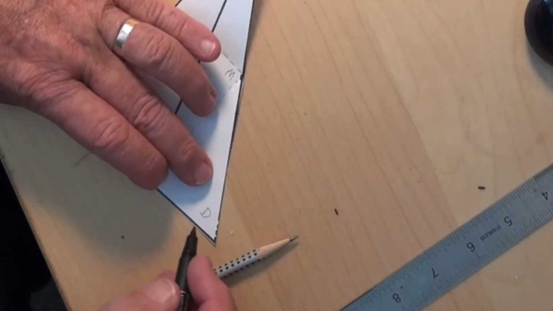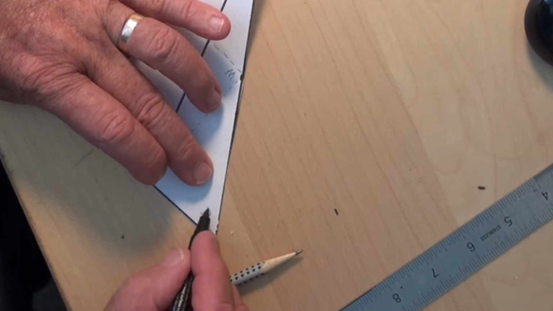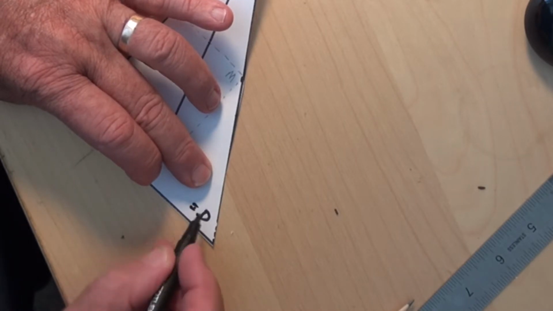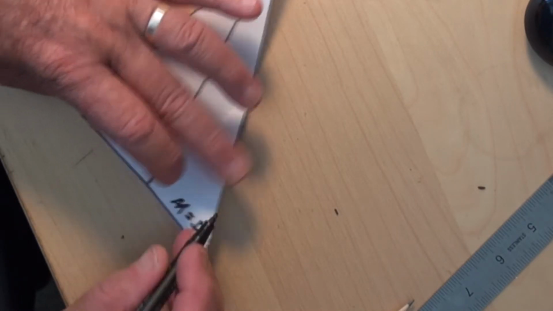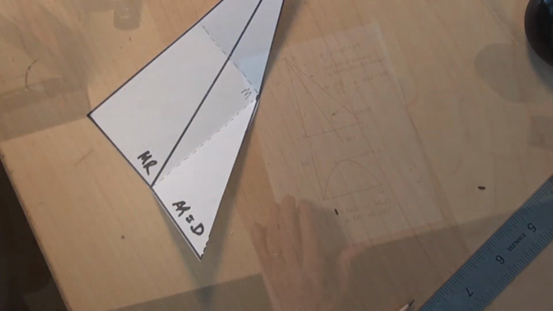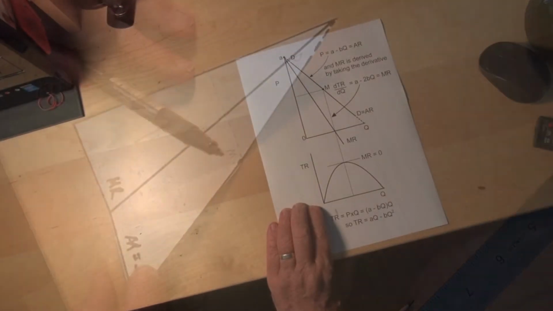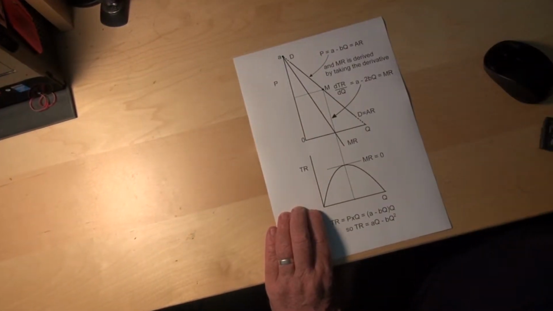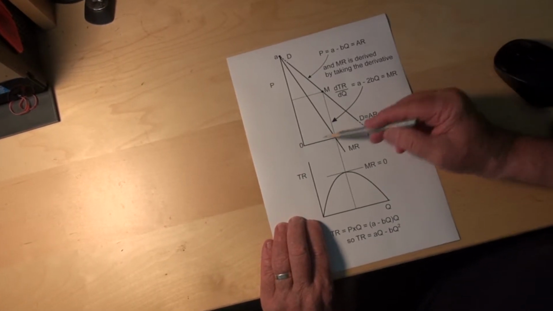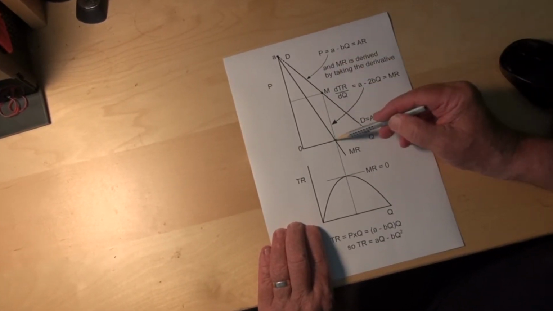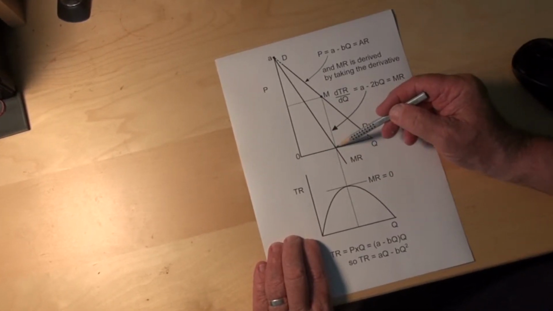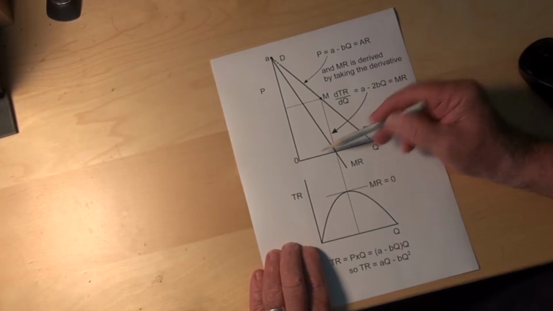So this is now demand D equals AR, and this is MR here. The objective of this exercise is to try and explain why the marginal revenue curve in the earlier graph we drew cuts the axes halfway along here.